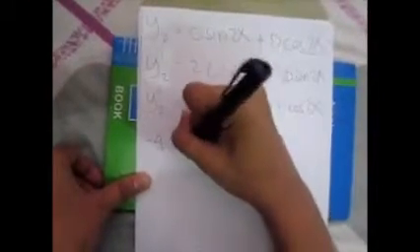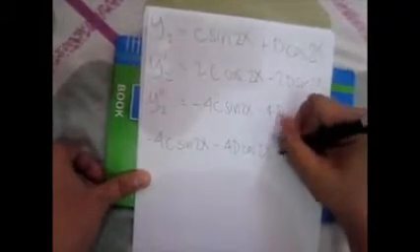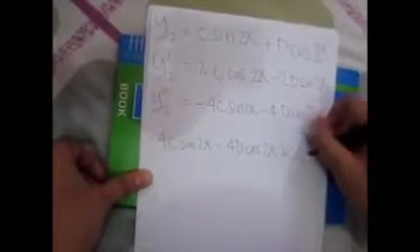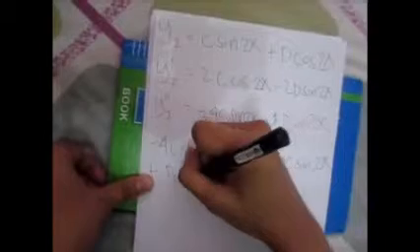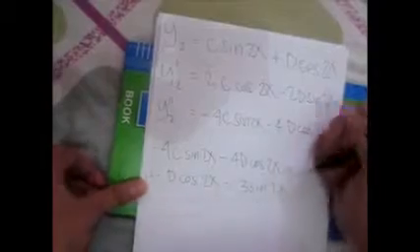Then apply substitution, we get negative 4c sine 2x minus 4d cosine 2x plus c sine 2x plus d cosine 2x equals 3 sine 2x.